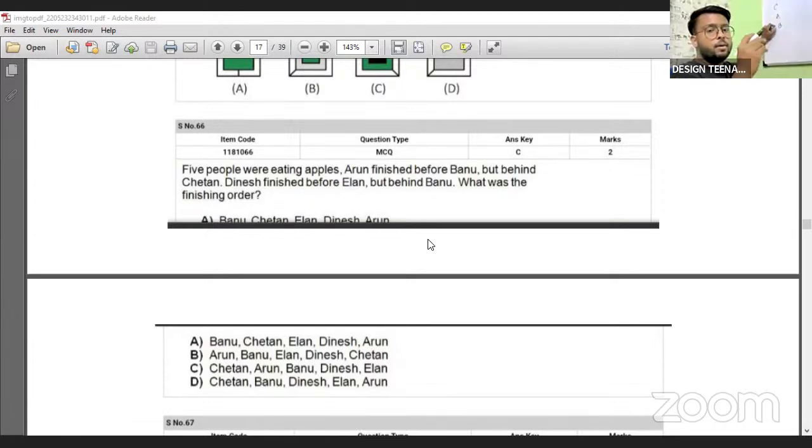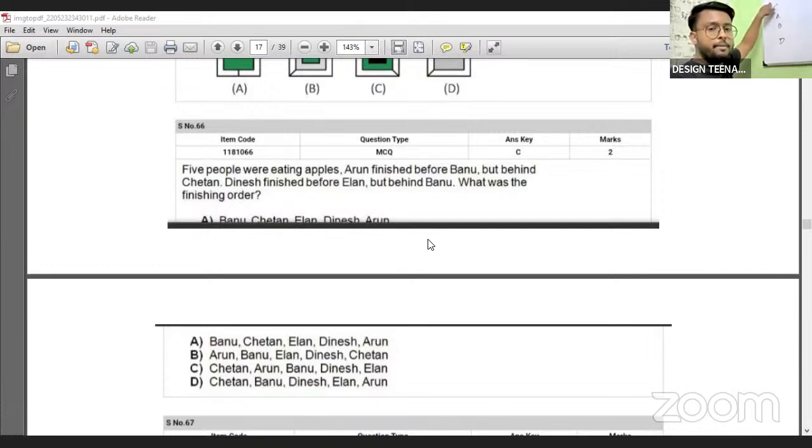Dinesh has finished before Ellen, but behind Banu. So he is over here. Now he has finished before Ellen. So if he has finished before Ellen, but behind Banu, then definitely Ellen cannot be located before B. If E was located over here or A or C, anywhere in these locations, then definitely this guy Dinesh would have finished before everyone.